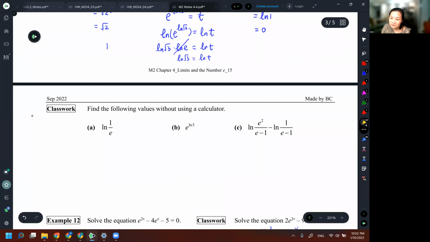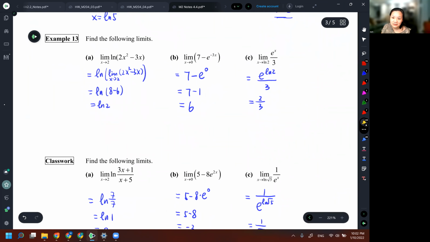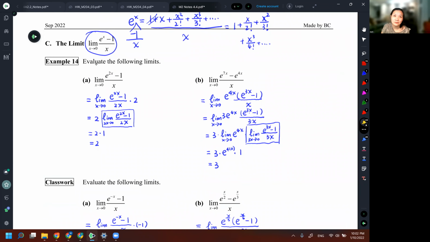Now, as to the limit part, in the textbook, you only have 2 examples. Example 13, the easiest one, anyone can figure out, and 14. Okay, it's just 13 and 14. The 14 one, you're supposed to use this special limit. I call it not the definition of E, but the special limit of exponential function e to the power x.